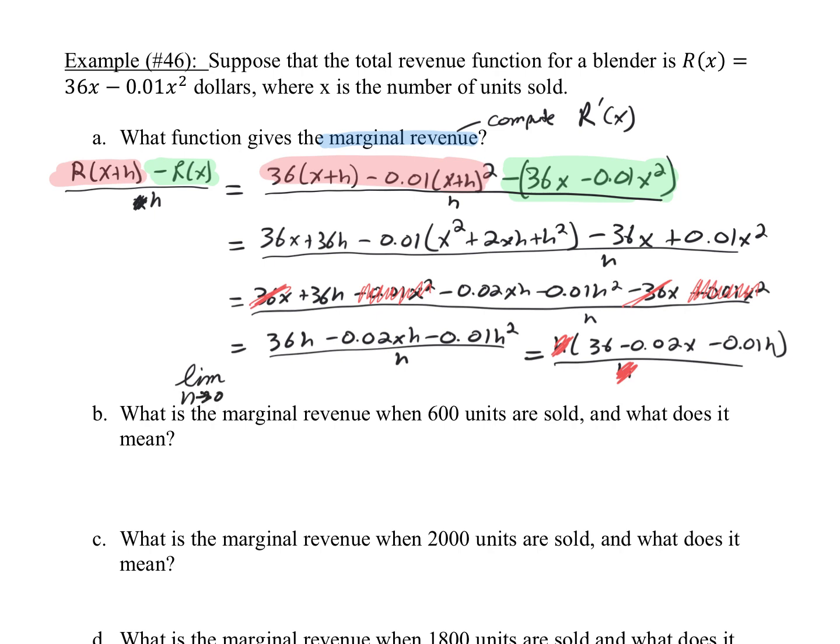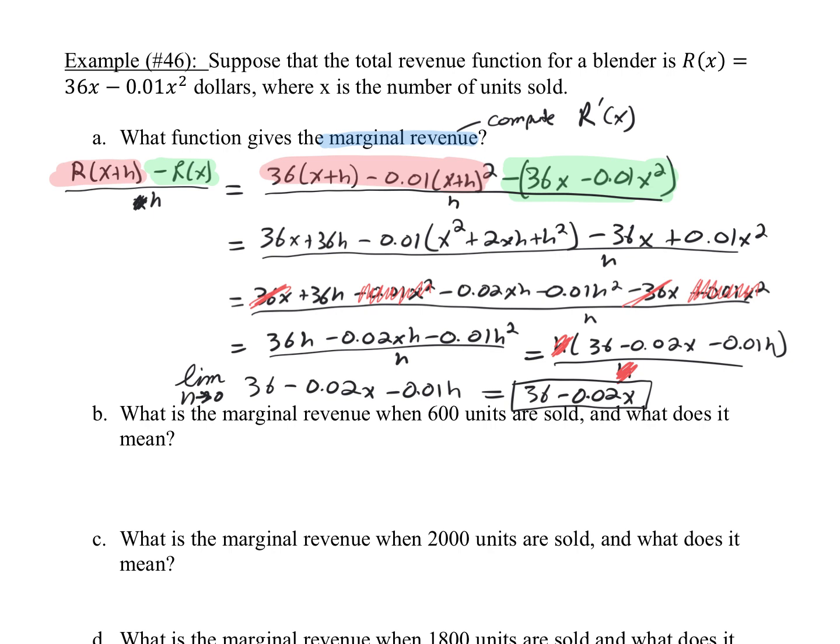And then I'll just write down what I was looking at. We need to put 0 into 36 minus 0.02x minus 0.01h. And when I do that, what I get is 36 minus 0.02x. And that finishes our derivative.